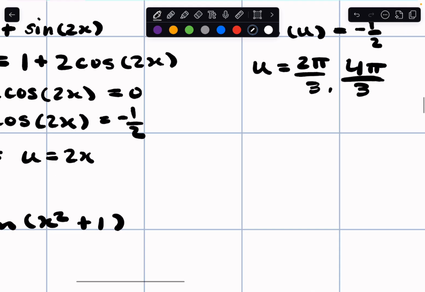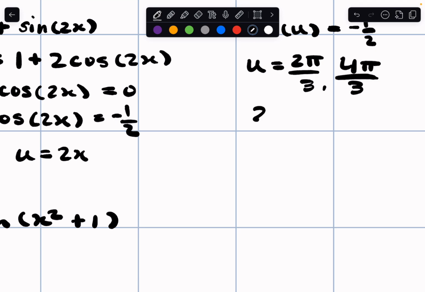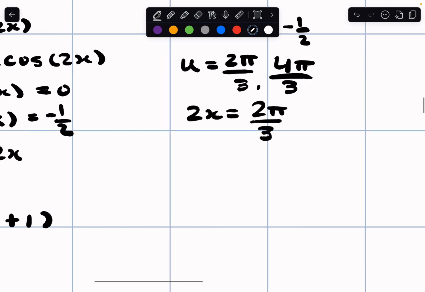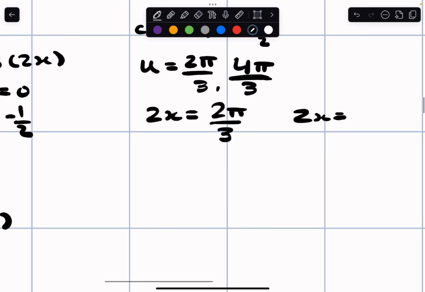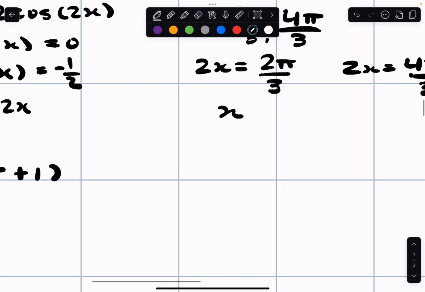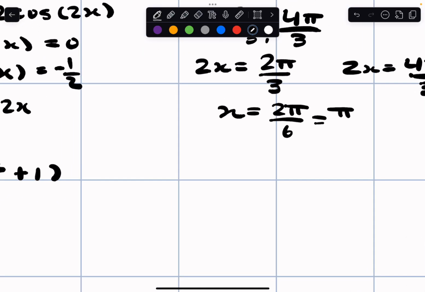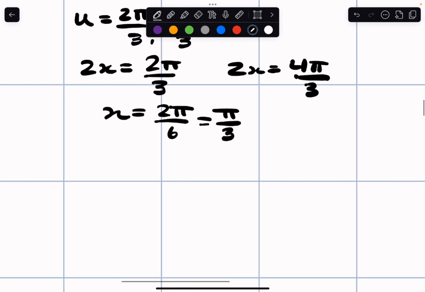But then we still have u is equal to 2x, so 2x is equal to 2 pi thirds, and it's also equal to 4 pi thirds. So x is equal to 2 pi over 6, which is pi thirds, and then x is equal to 4 pi over 6, which is 2 pi thirds.